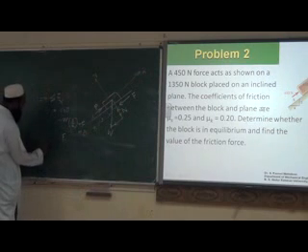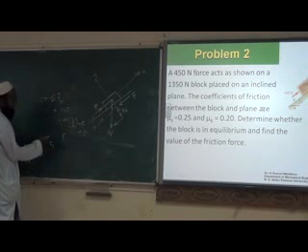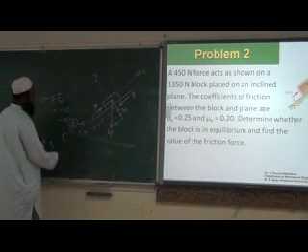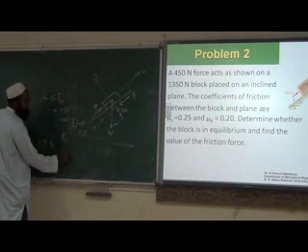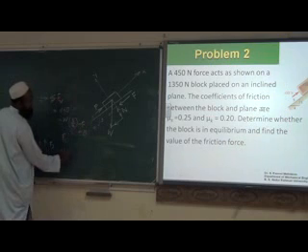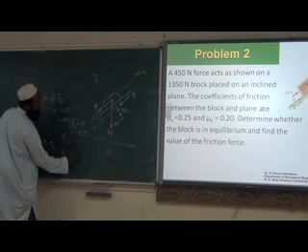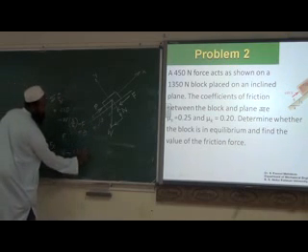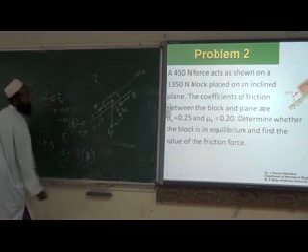Similarly, resolve parallel to Y. This direction positive, upward positive, for example. N minus W into 4 by 5.